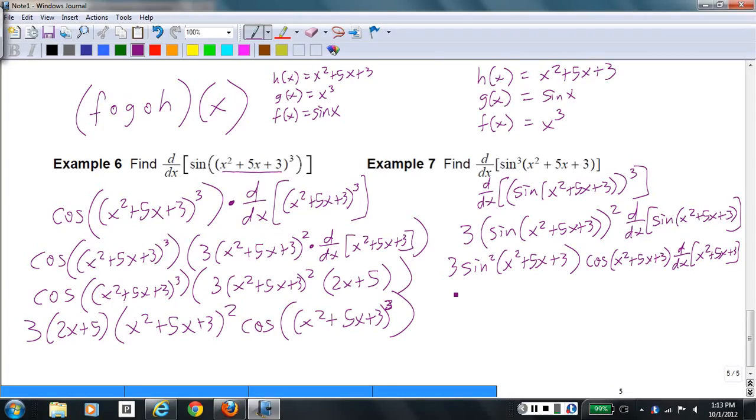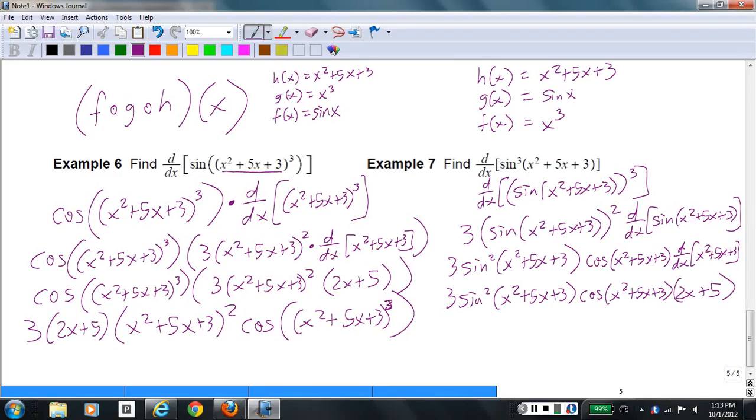3 sine squared of x squared plus 5x plus 3, cosine of x squared plus 5x plus 3, and then times 2x plus 5. Maybe read it like that. Is it maybe a little bit ambiguous? Maybe grab the 2x plus 5 and bring it out in front.